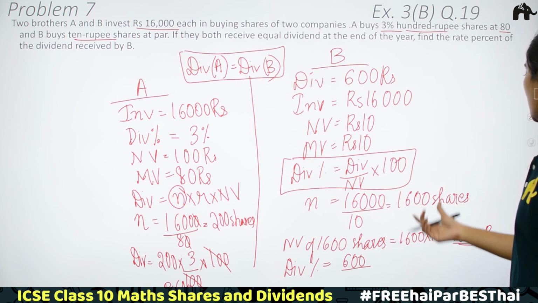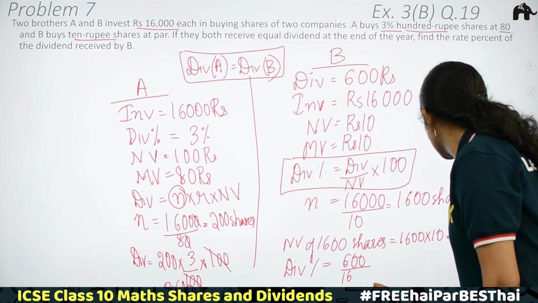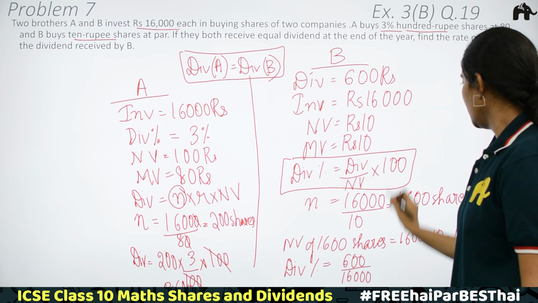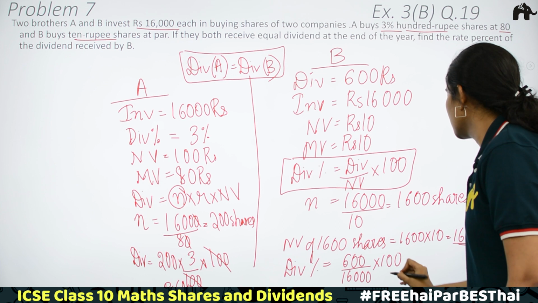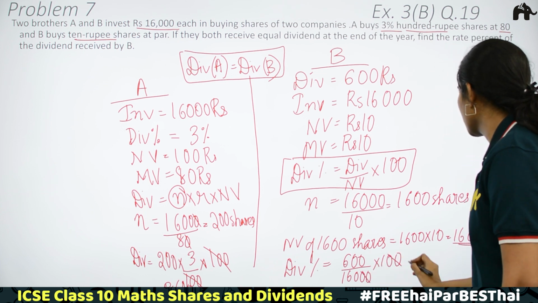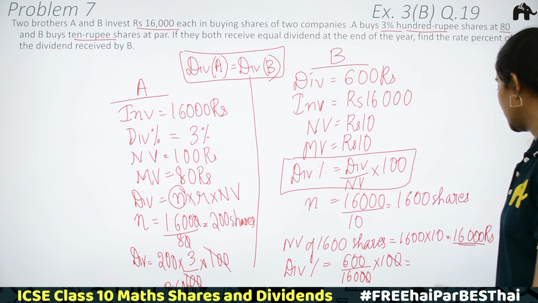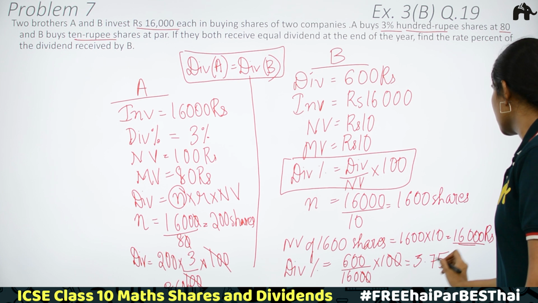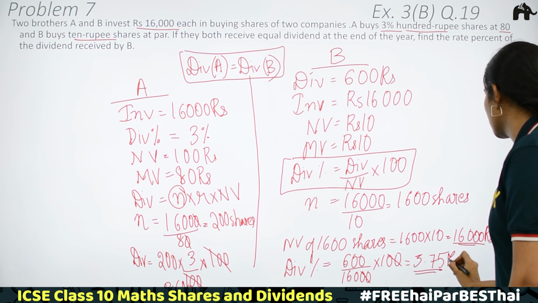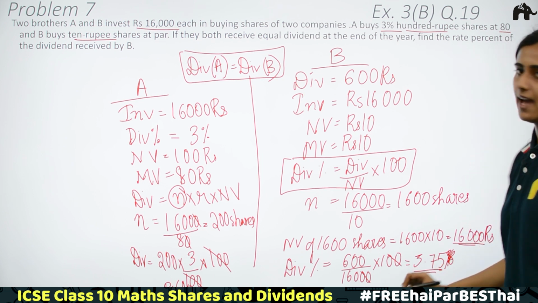Here we have 1,600 shares and the nominal value is 16,000 into 100. Cancelling zeros. 600 divided by 160. We will be getting 3.75%. 3.75%. This is your final answer.